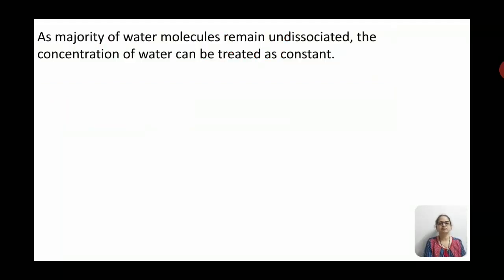As the majority of water molecules remain undissociated, the concentration of water can be treated as constant. That means it will be another constant, we can take it as K dash. So K multiplied by K dash is equal to the molar concentration of hydronium ion multiplied by the molar concentration of hydroxide ion.